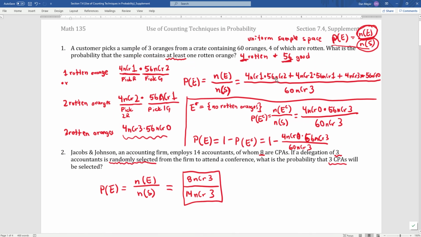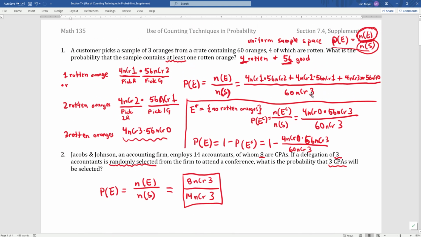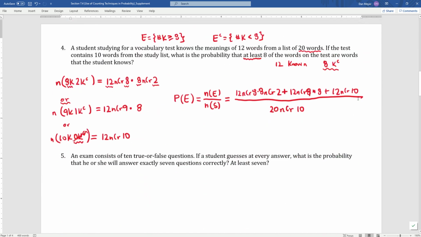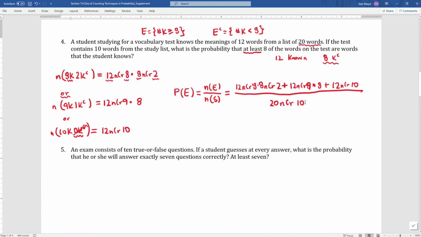If we go up to this version, the number of things chosen in the denominator, 3, is 1 plus 2 here. 3 is 2 plus 1. 3 is 3 plus 0. So in this last problem, 10 is 8 plus 2. 10 is also 9 plus 1, but we can't see that because we didn't use the same pattern here with our combinations.